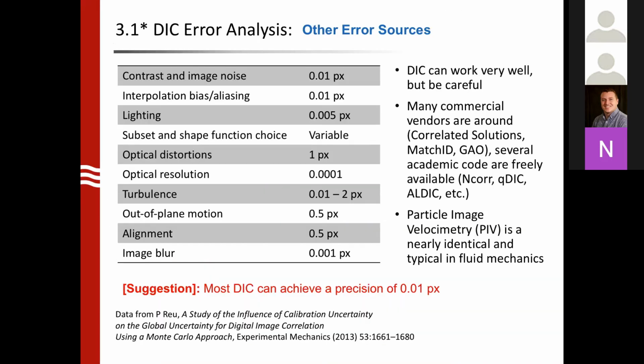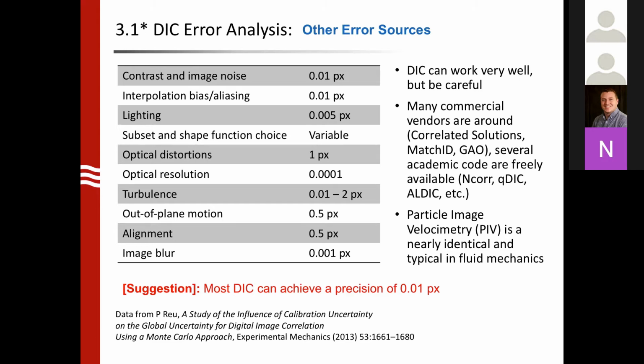Okay, so for now, you've been introduced to the local DIC method and lots of tips you need to take care of when you choose the subset size and the subset spacing, and the general DIC precision is on the order of 0.01 pixel. So is there any question for this part?